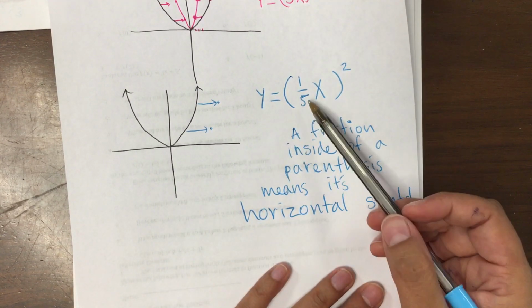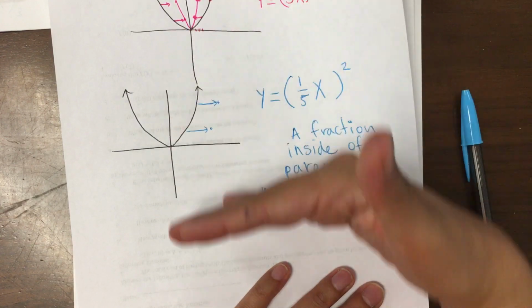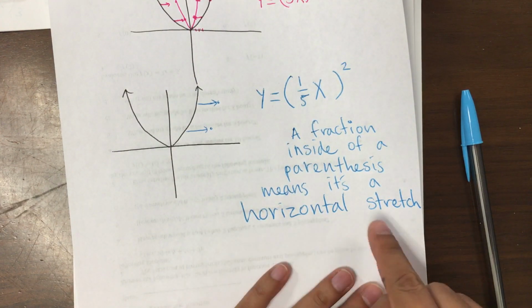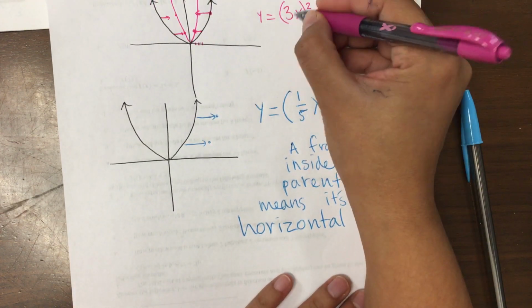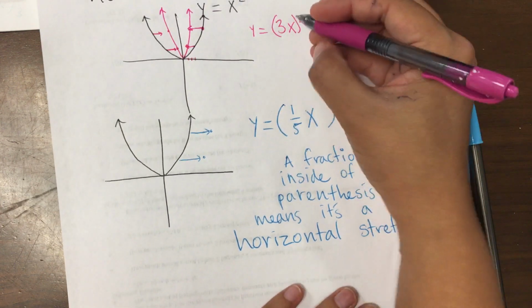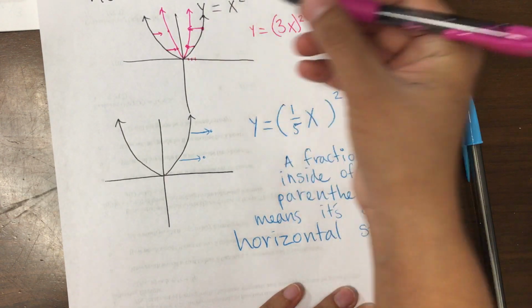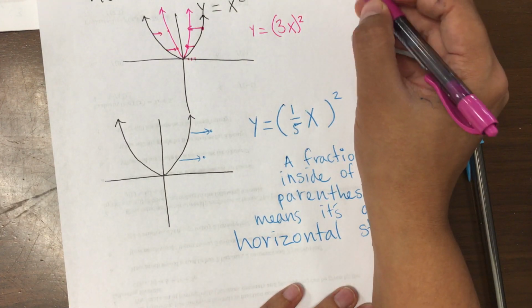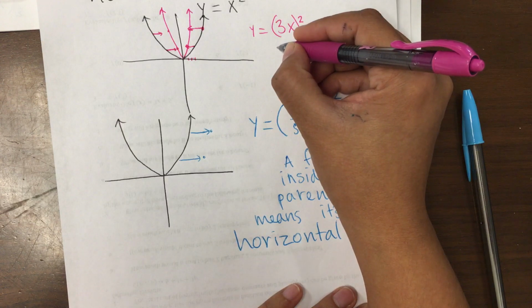Remember that before a fraction meant a vertical compression, instead of stretch. And in here it's the opposite. A whole number bigger than 1 is a compression, when before it was a stretch in vertical. Okay, so let's see.